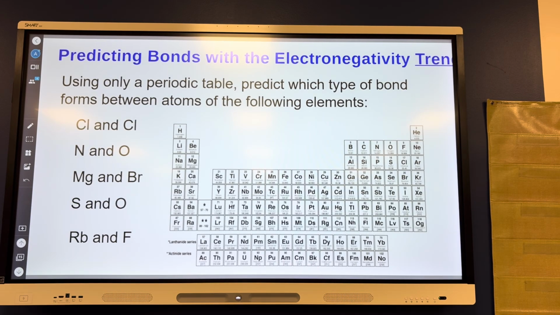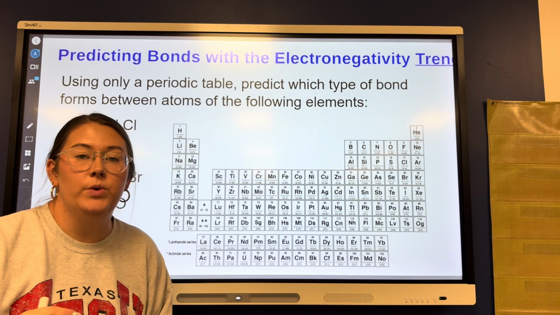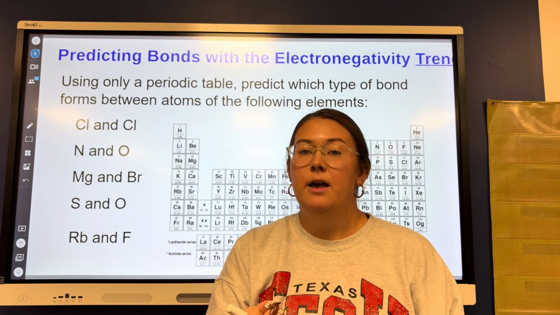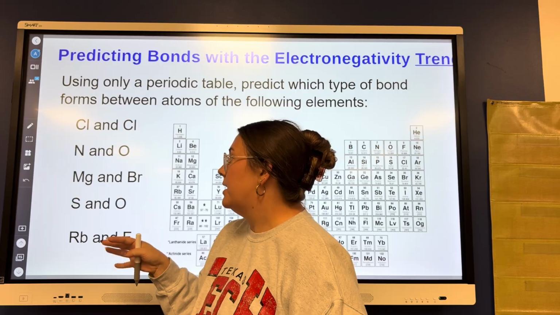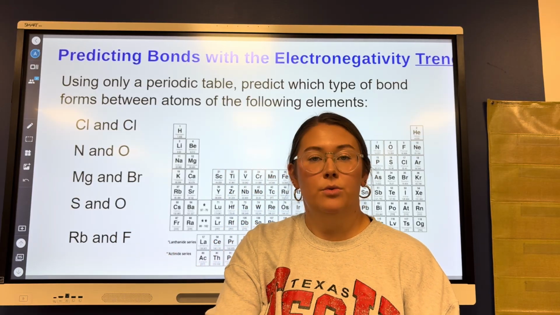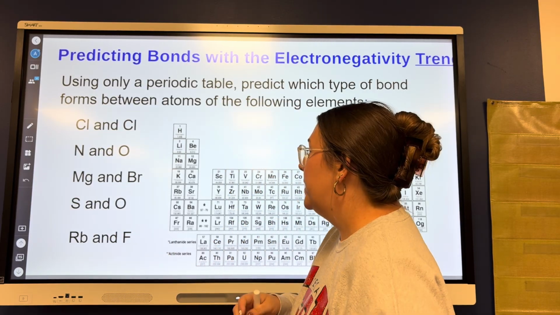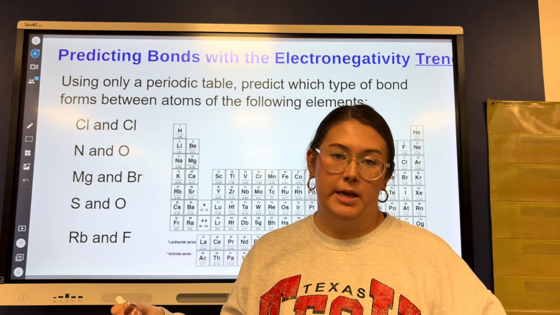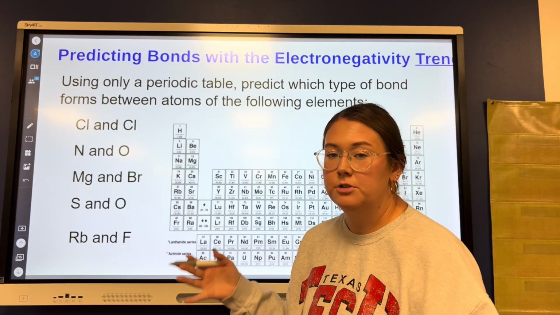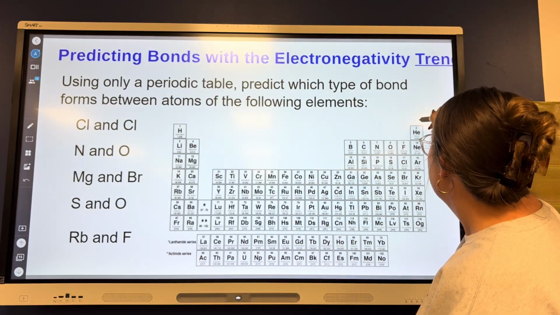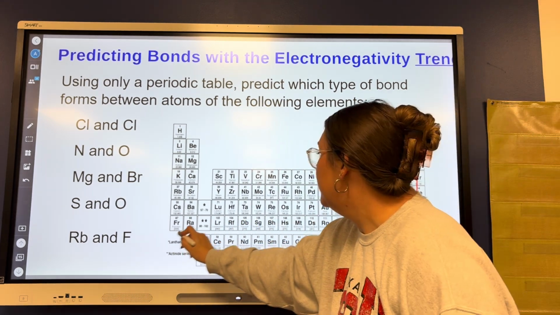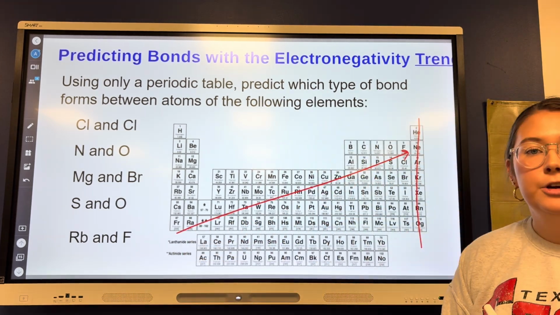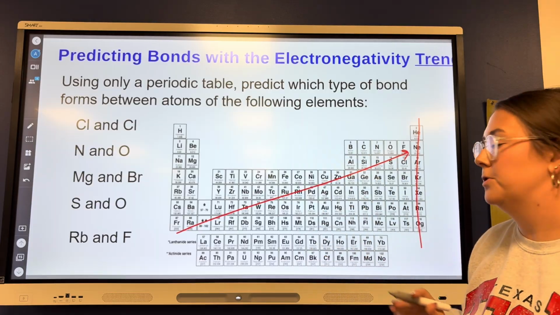So when we're looking at the periodic table, we can actually just glance at the locations of elements on the periodic table to see if they're going to be more polar or more nonpolar, depending on how far apart they are. So we know our general trend for electronegativity is that noble gases don't react, and our general trend increases up and to the right towards fluorine.